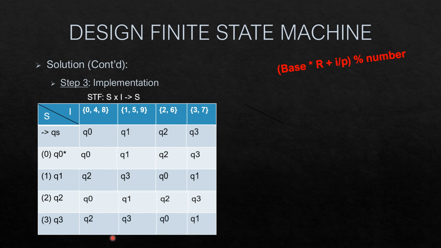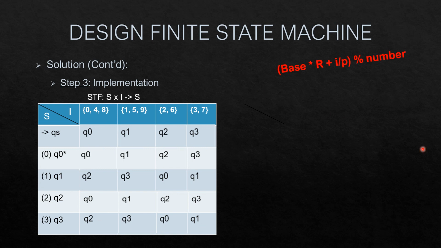Finally, when we reach Q3 state, that means the previous division remainder was 3, and the next digits appearing are going to give me remainders as 2, 3, 0 or 1. So we transit to Q2, Q3, Q0 and Q1 states respectively.